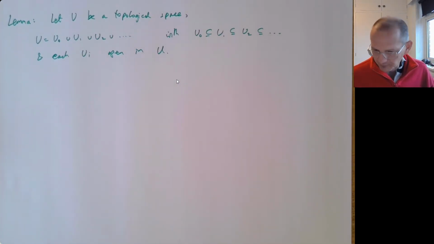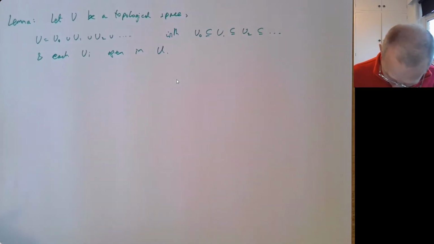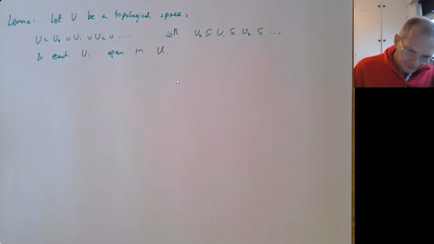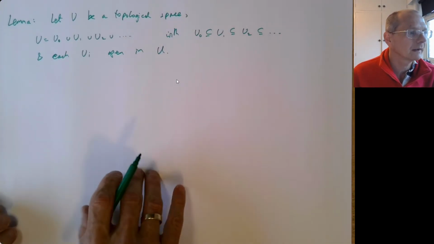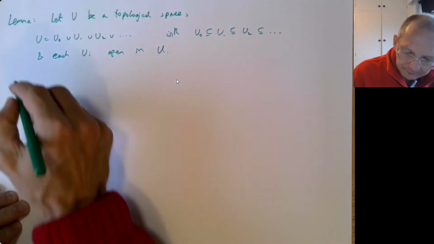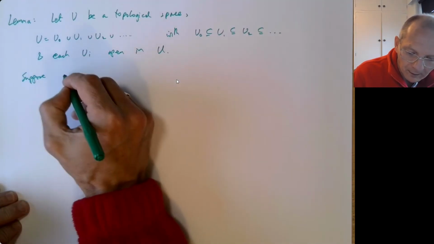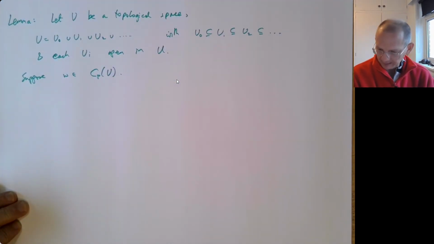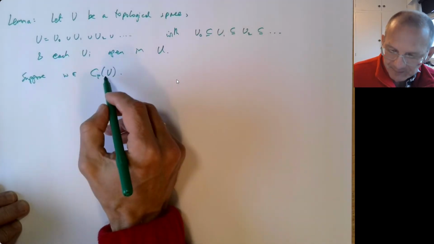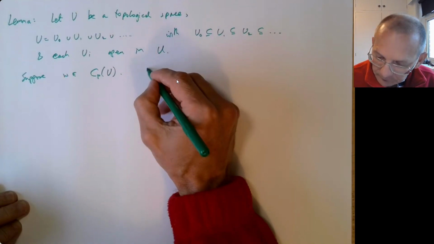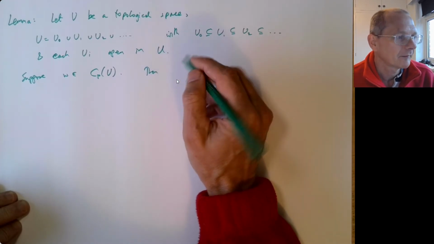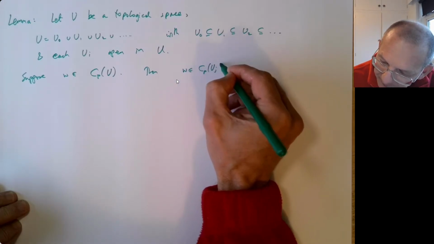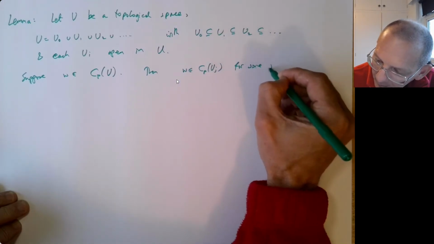For example, U could be the reals, and then U_n could be the open interval from minus n to plus n, that sort of thing. And suppose I've got some chain W in C_p of U. I want to claim that W is in C_p of U_j for some j.